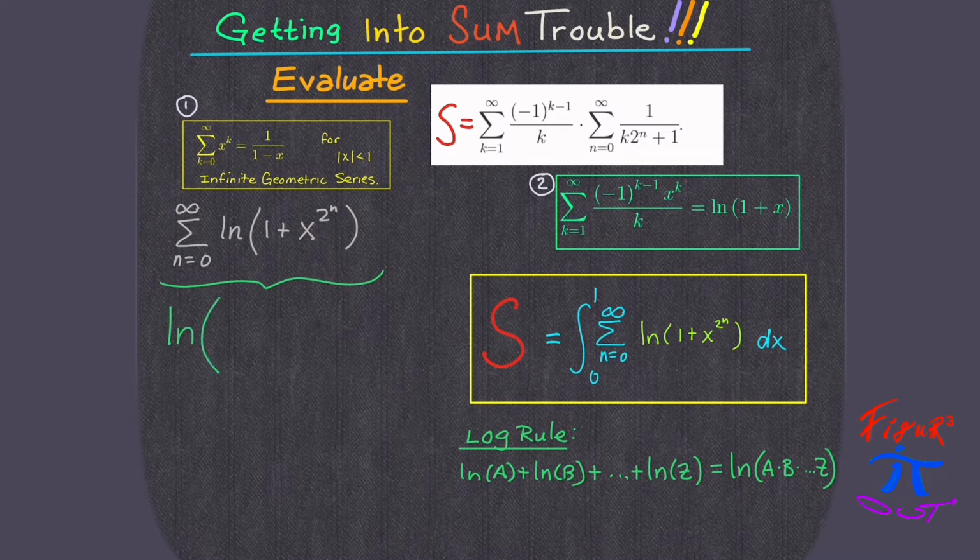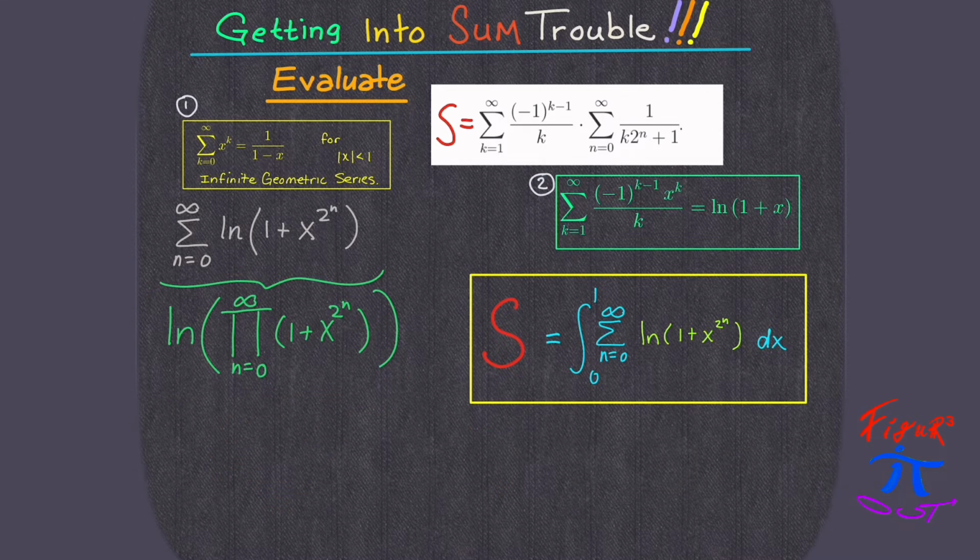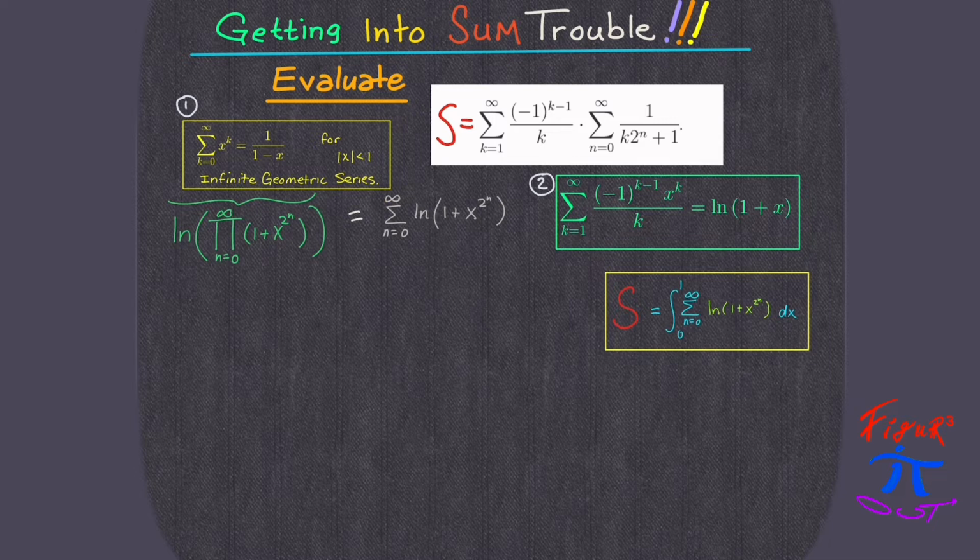So we're going to write that in more compact notation. Just like sigma notation is used for summations, a large pi symbol is used for a product, an infinite product notation here. So we're representing that 1 plus x to the 2 to the nth power will be multiplied with different factors within the logarithm.